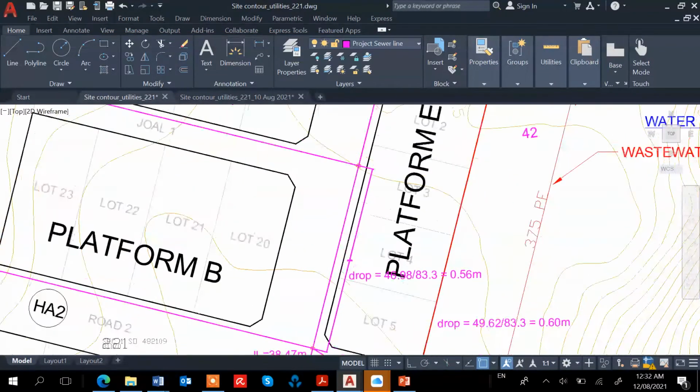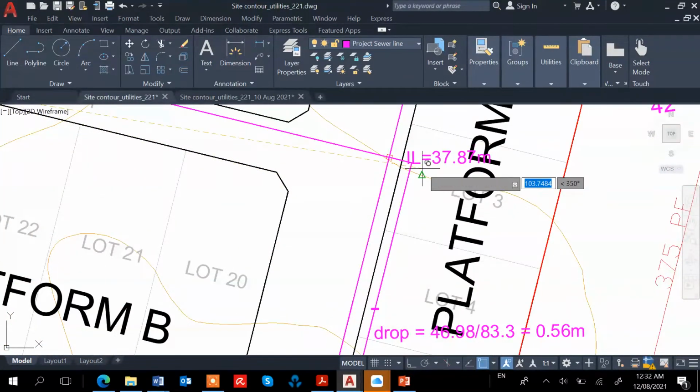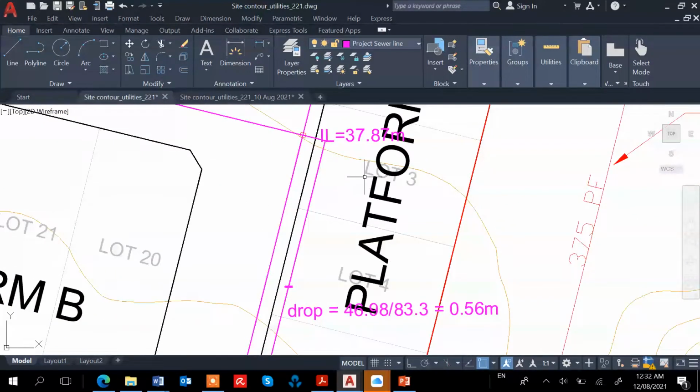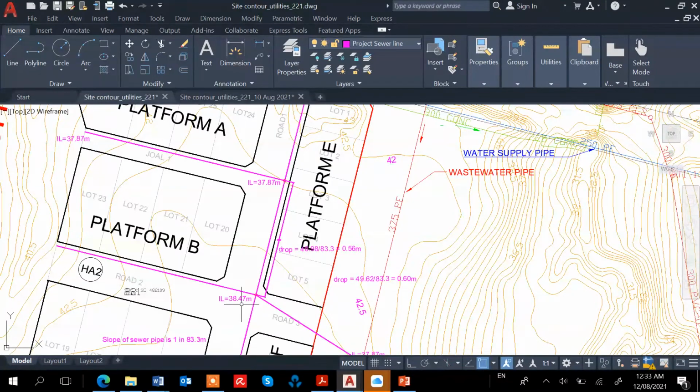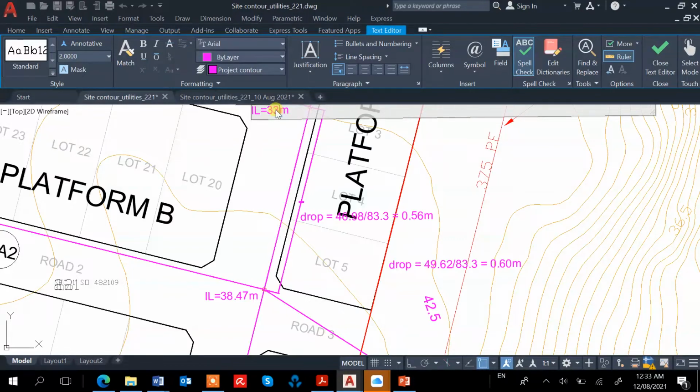Okay, that means the invert level at this point will be 38.47 plus 0.56, which is 39.03. So this one will be 39.03 meter. Okay.